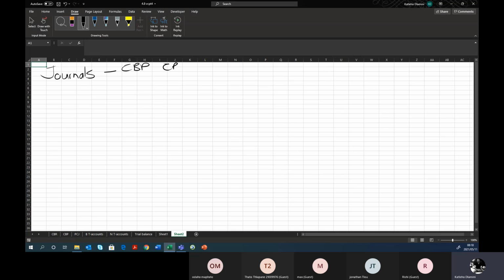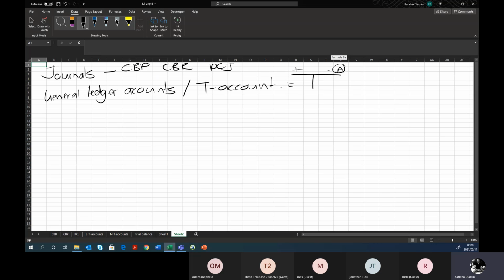You will be asked to do your general ledger accounts, or T accounts. Just know the full formal name, general ledger accounts, because that's what they'll be called. And I don't need to explain what T accounts is, but what I will do is put an example over there.